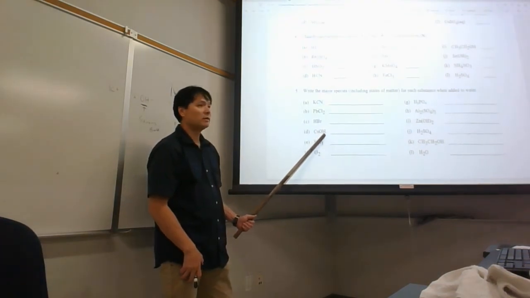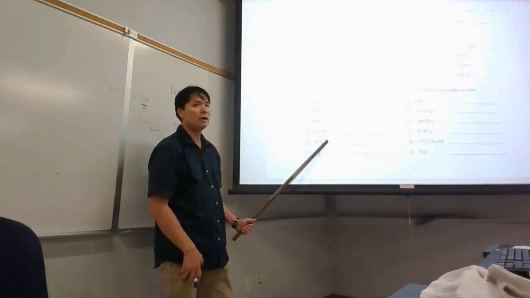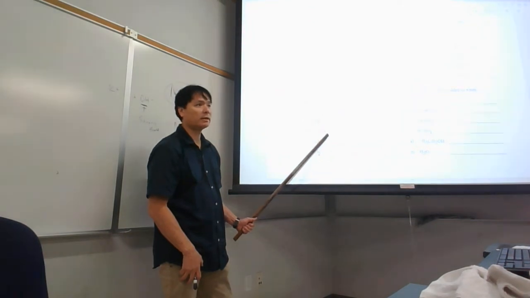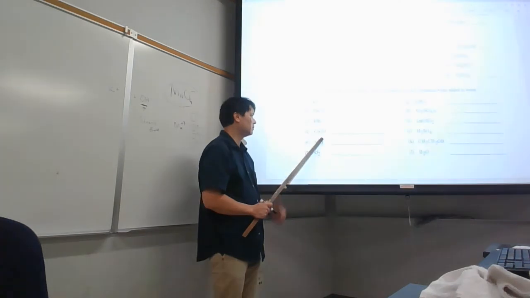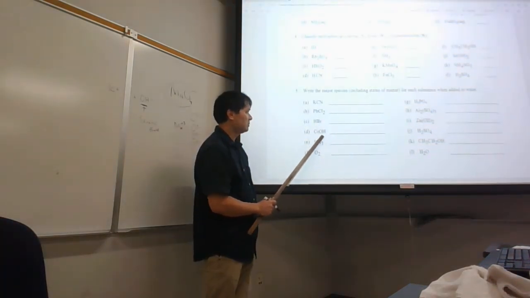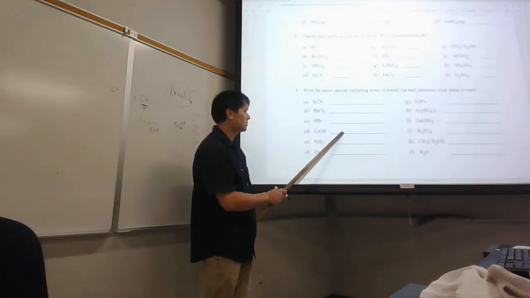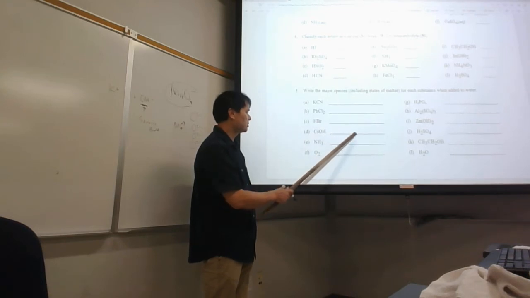Hydroxides are insoluble except group 1, ammonium, and calcium, strontium, barium. In fact, all group 1 salts are soluble. So cesium, this is going to be soluble. So it's going to dissociate into cesium ions and hydroxide ions.